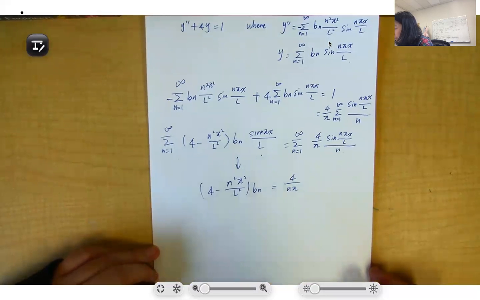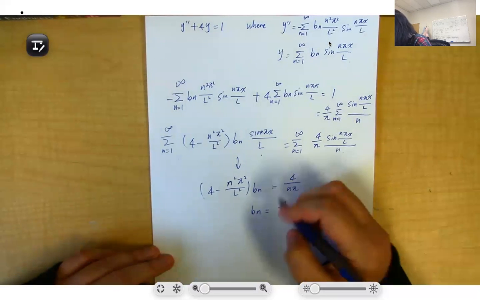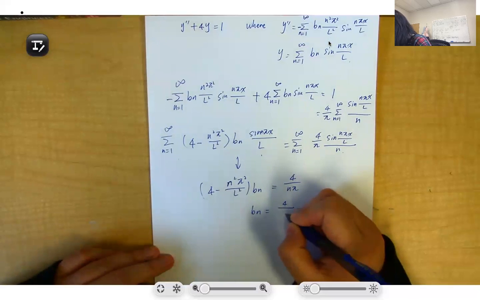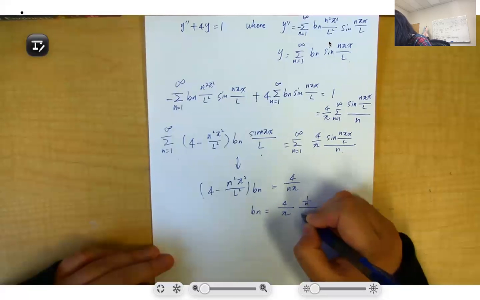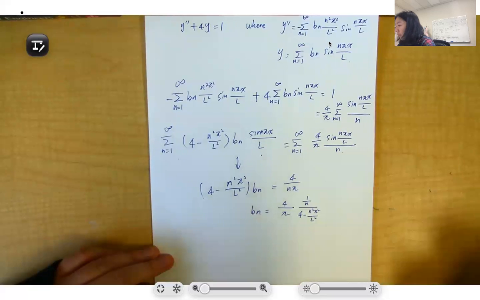After that, b_n will be 4 over pi times 1 over n, divided by (4 minus n squared pi squared over L squared).